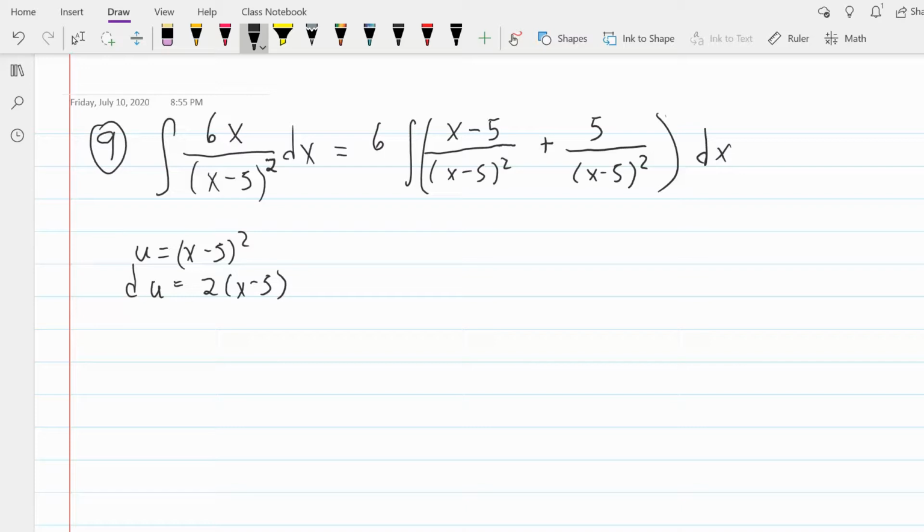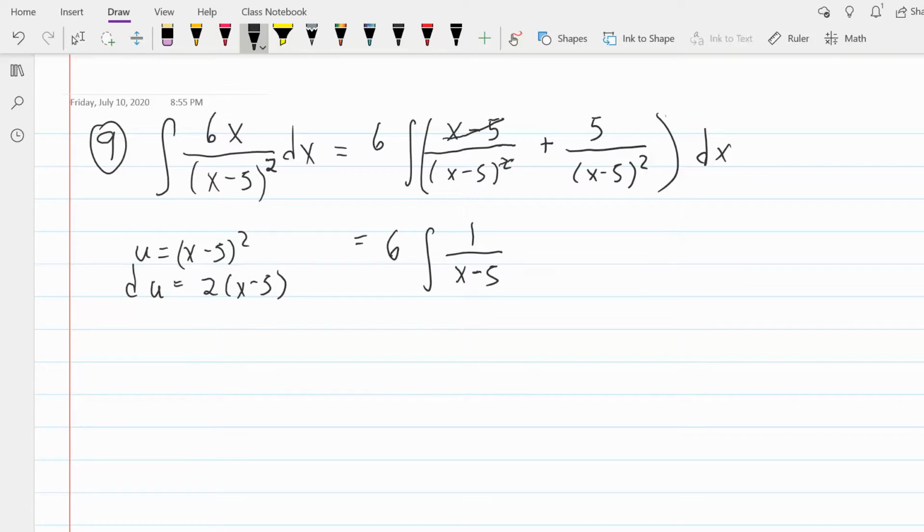But it just so happens that whenever I need an x minus 5, there's an x minus 5 down here, so I'm actually going to be able to cancel, and that means I can cancel the 2 out and just leave that to the first power. So now I have 6 times the integral of 1 over x minus 5.